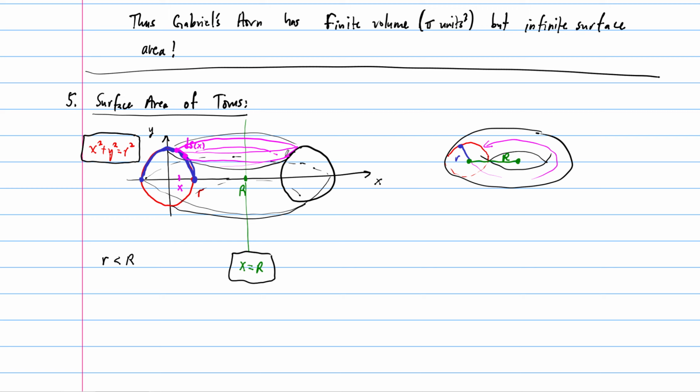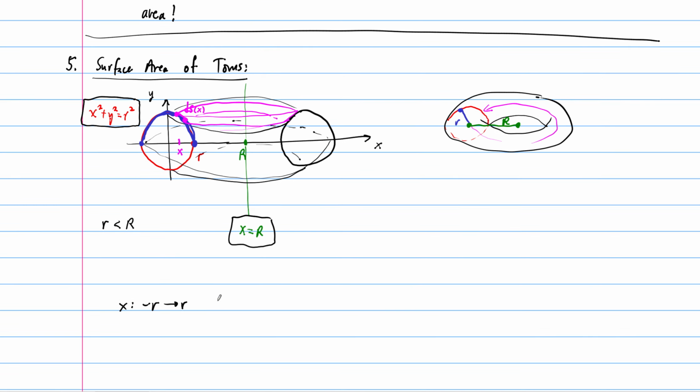So there's the cylinder that we're going to pull out. We're going to add this up as x varies from minus r to r, and we're going to get half of the surface area. So half of the surface area is going to equal the integral from minus r to r of what?